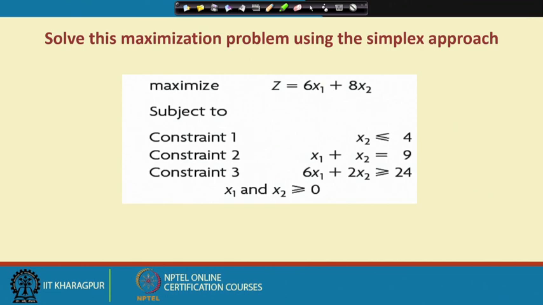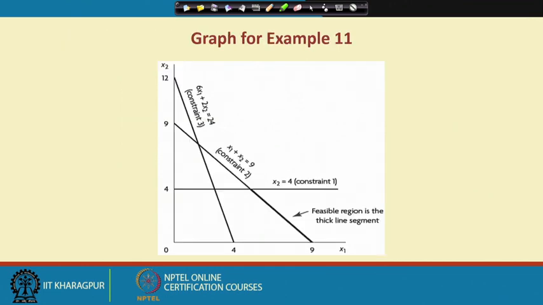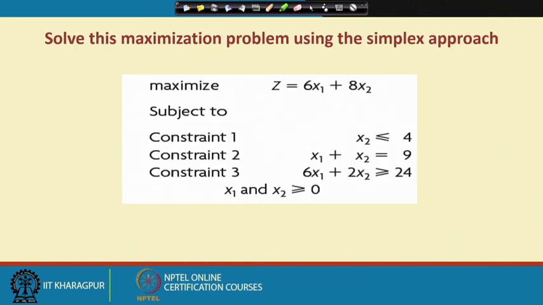But we have solved some problems where the constraints are of mixed type, greater than and less than, and again we may have a situation where some constraints are conflicting, and structures like multiple solutions, unbounded solutions, infeasible solutions.